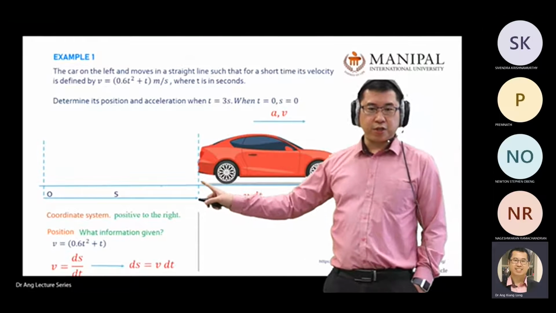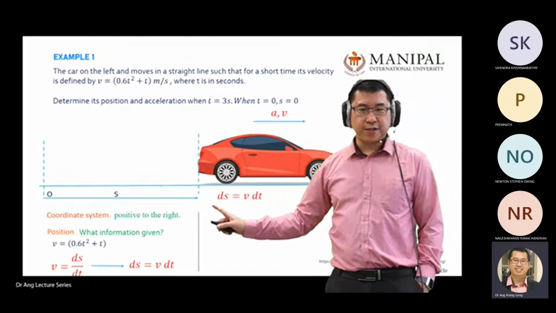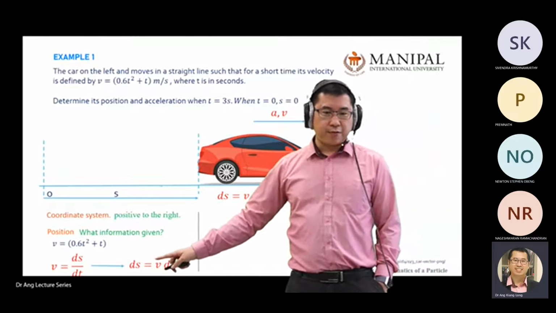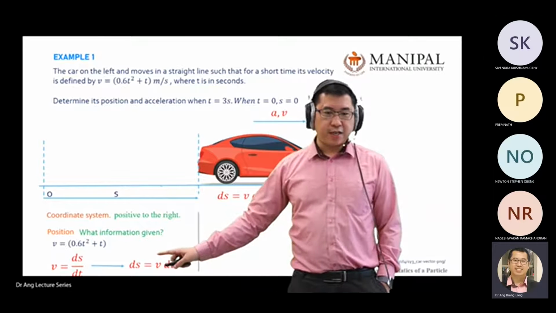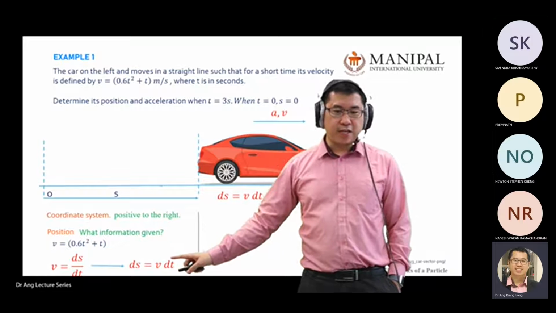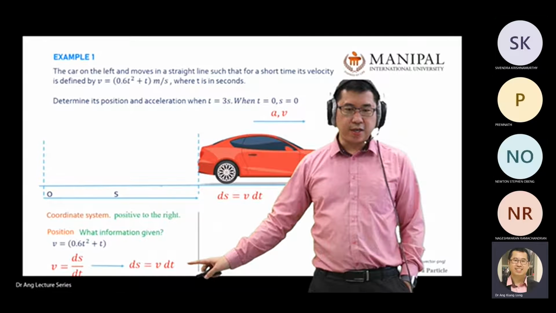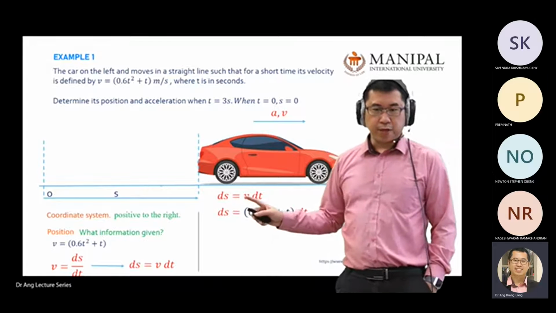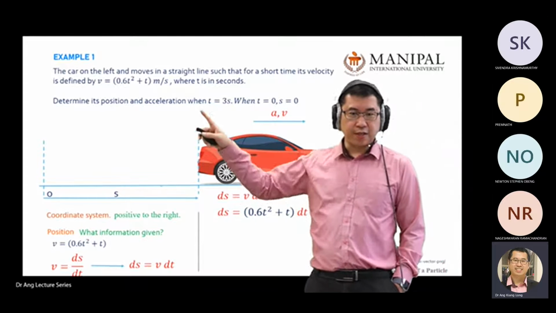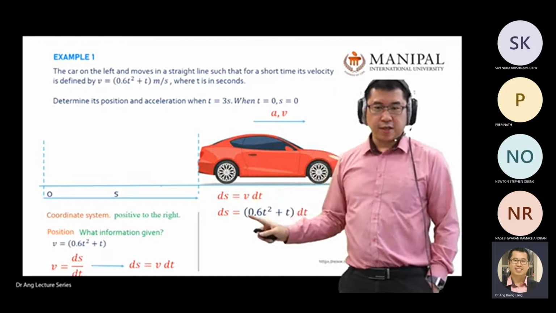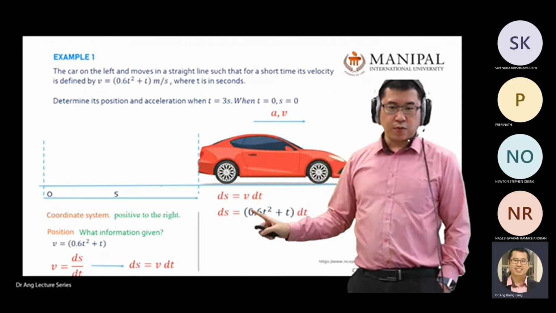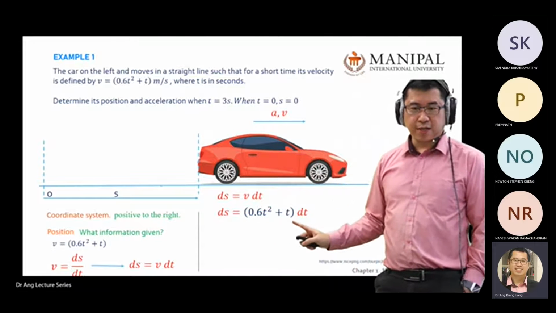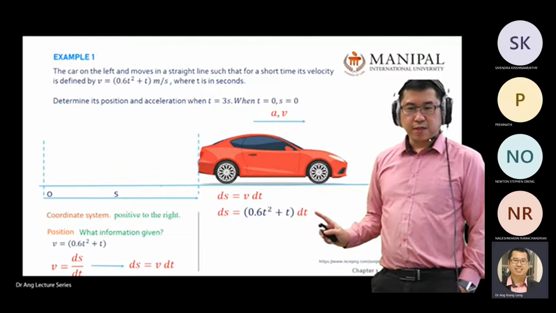Your displacement s, you get from your understanding of v equal to ds/dt, you rearrange, then you integrate. You put in the v given in the question: ds equal to bracket, this is what is given in the question, dt.